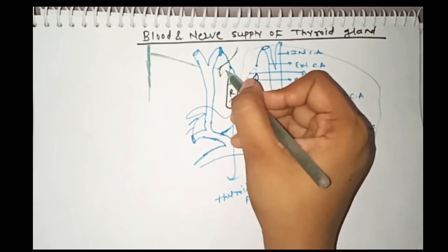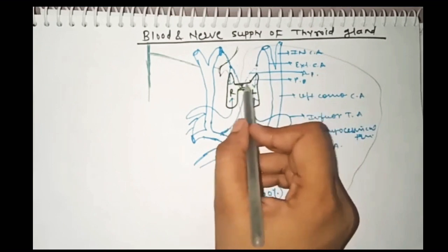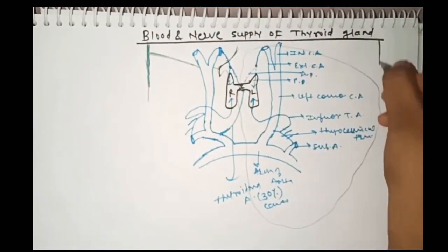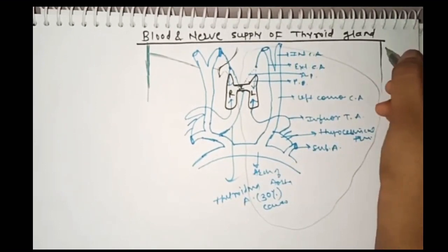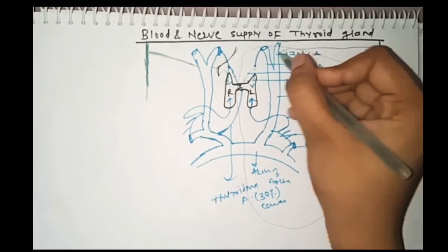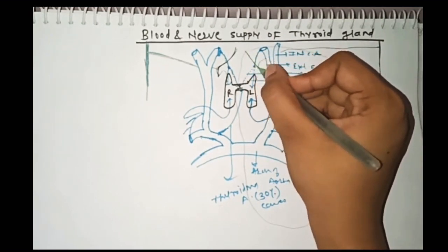This external laryngeal nerve supplies the upper area of the right lobe of the thyroid gland. The same happens on the left-hand side. This is the vagus nerve on the left side, and from it the superior laryngeal nerve arises. It crosses the carotid artery, then divides into two divisions, internal and external.